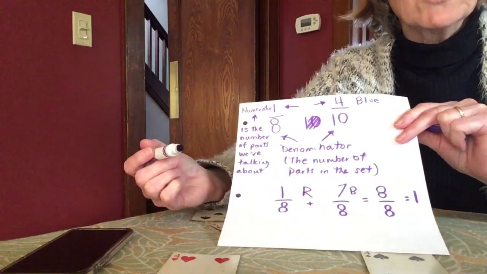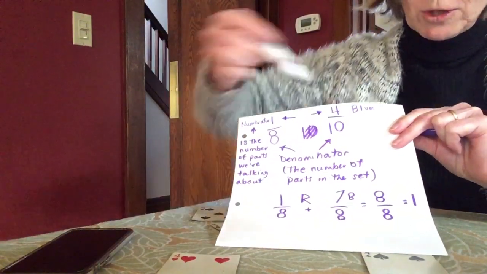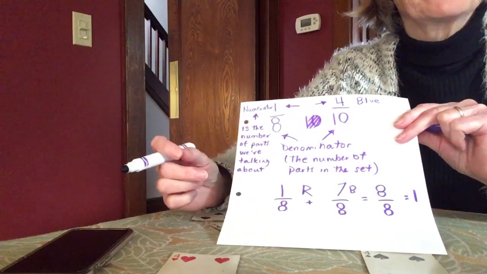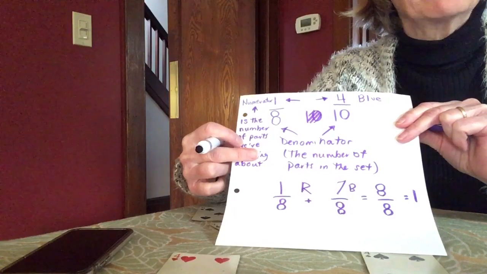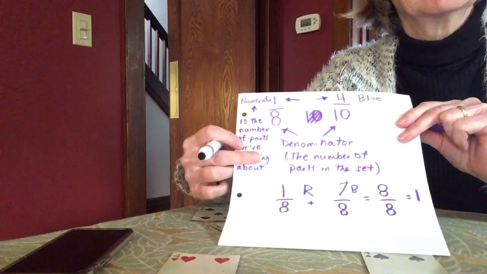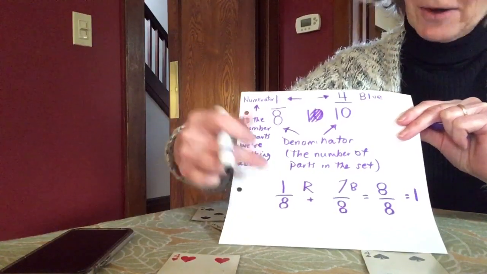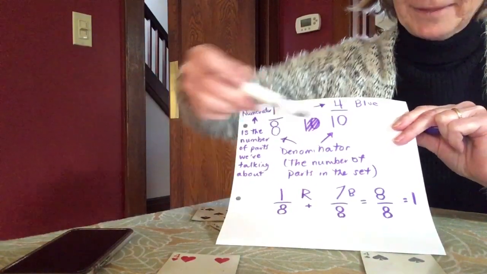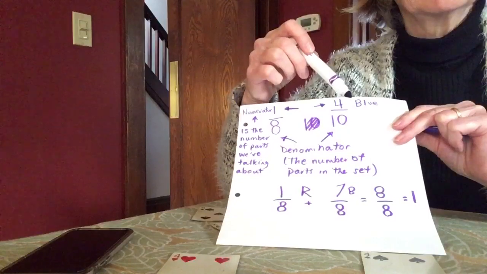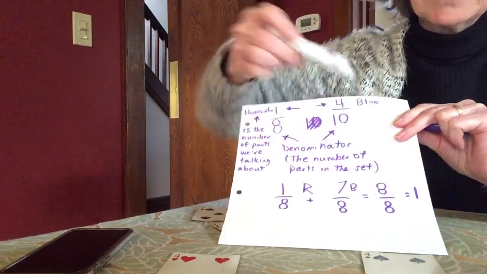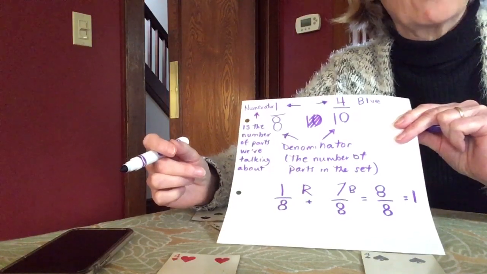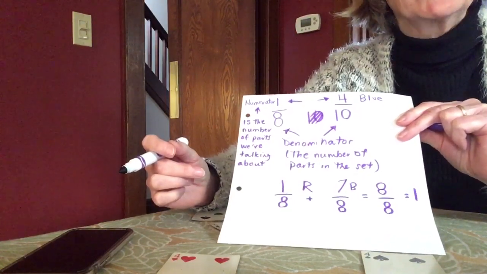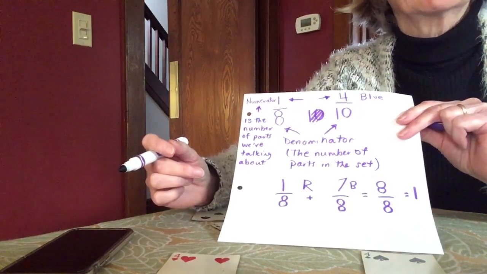There are 8 cards. I'm talking about all 8 cards, so I'm talking about one set. So 8/8 is a special kind of fraction. It means it's a whole. One whole thing. Okay? So these are proper fractions. This is a whole number. And this is a special fraction because the numerator and the denominator are the same thing. Whenever that happens, you're talking about one whole group of something.